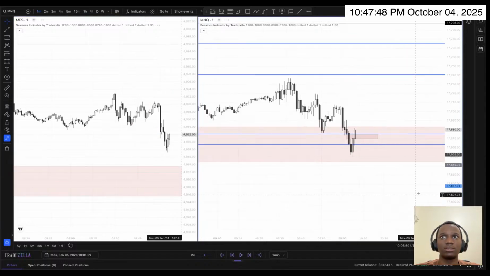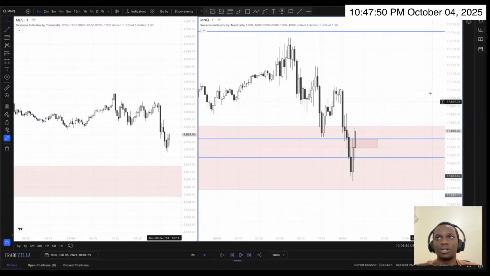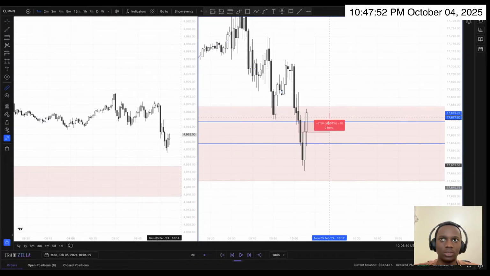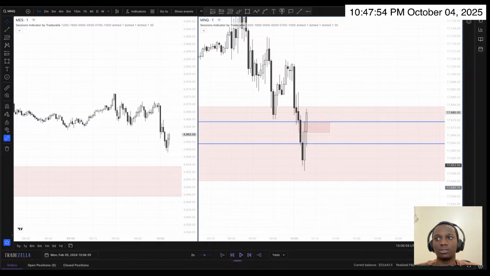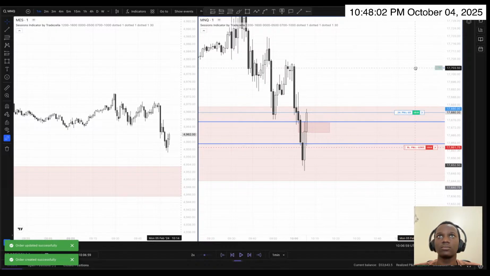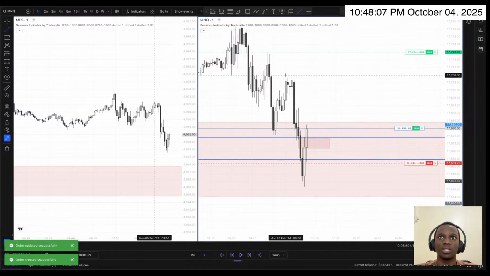Now I'd like to see it probably start distributing higher. My stops will be below here at 400, and then initial risk for the day. Turn on target, and I move to break even once we take out this high here.